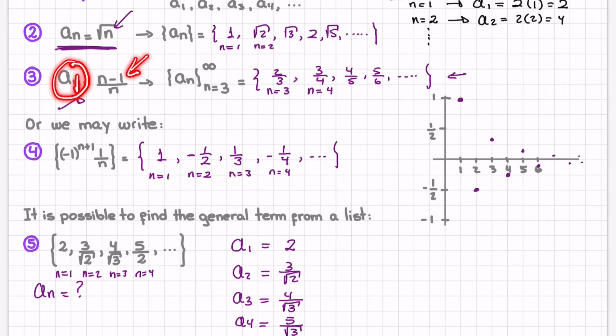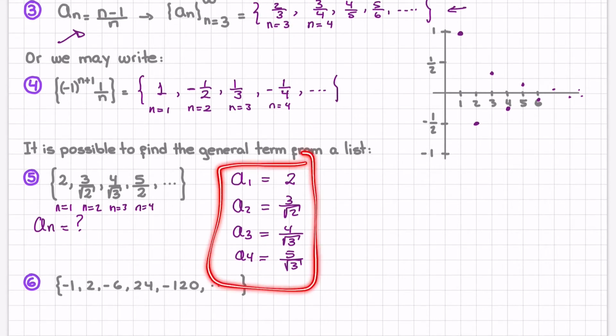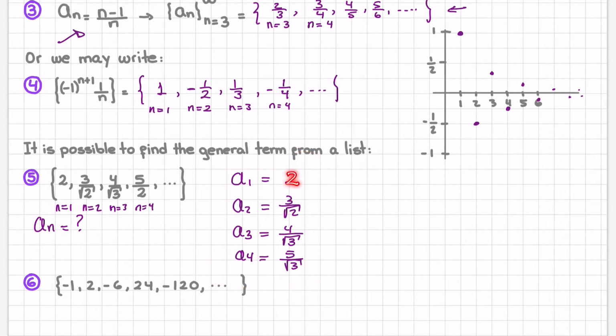So when you plug in the 3, you get a3. So we need to write this in terms of n. We need to compare whatever number we have here with the n, and looking ahead, the next numbers. You see that there's a 2 here that goes with n equals 2. 3 goes with n equals 3.